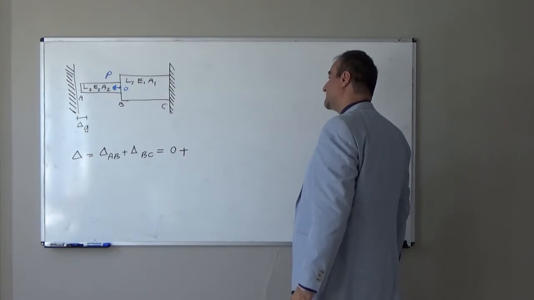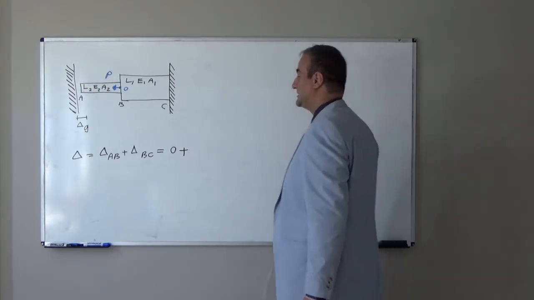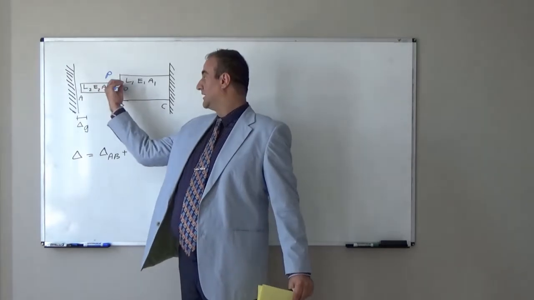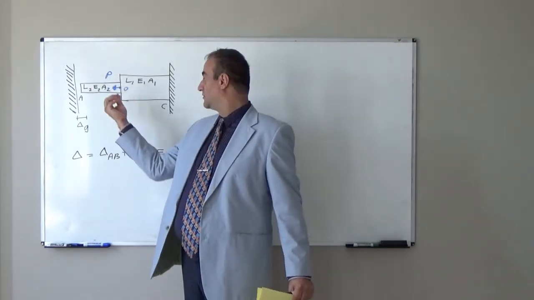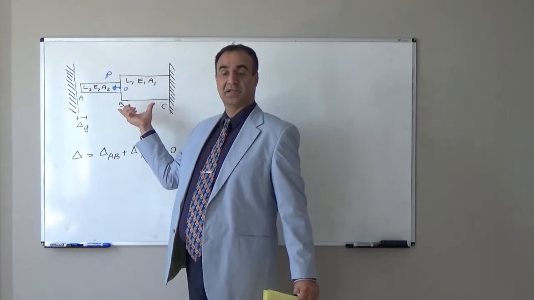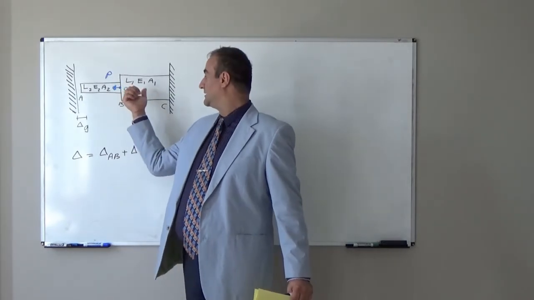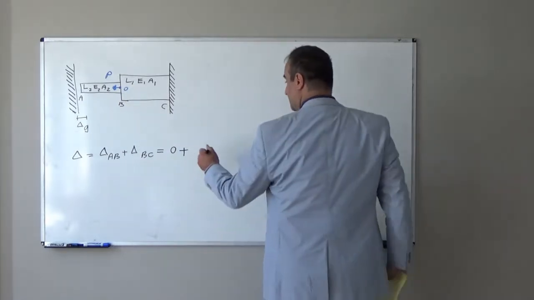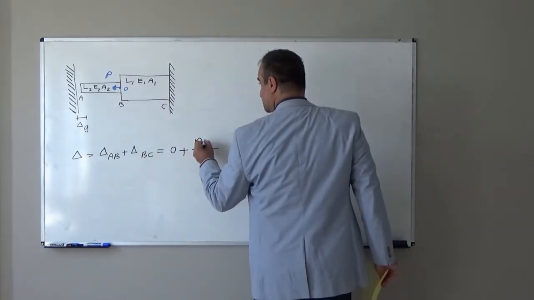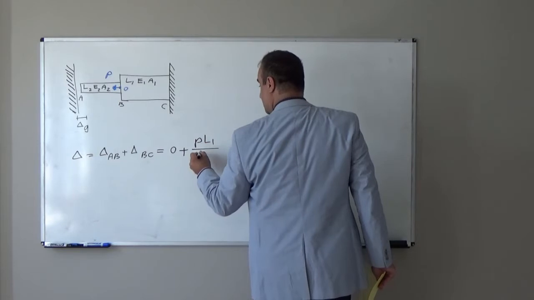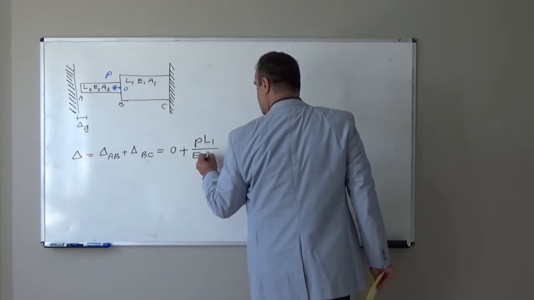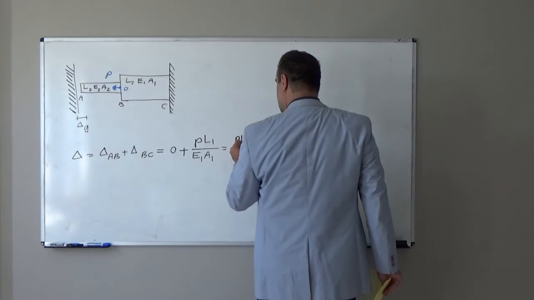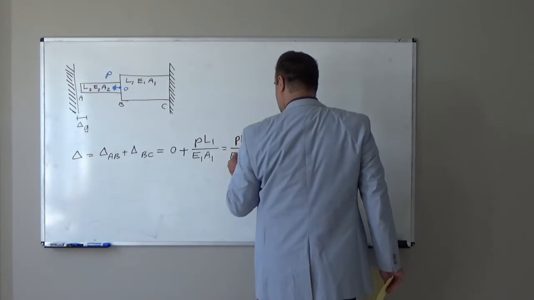Internal force in BC in this example, because P is a tension force, I will have elongation in BC, and the internal force here is equal to P, so it will be P times L1 over E1 A1. So total deformation will be P L1 over E1 A1.